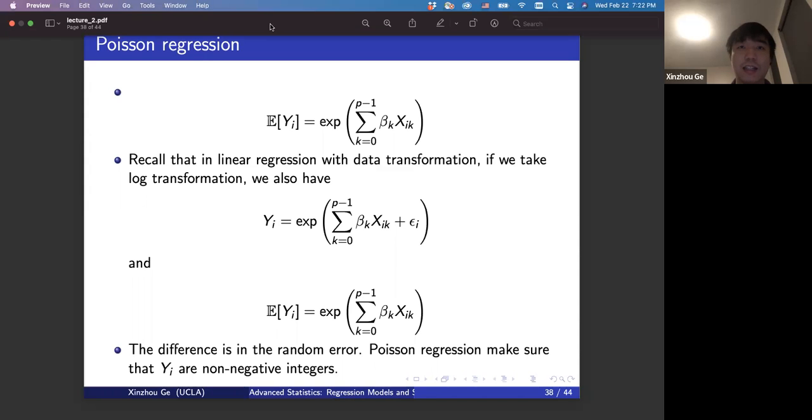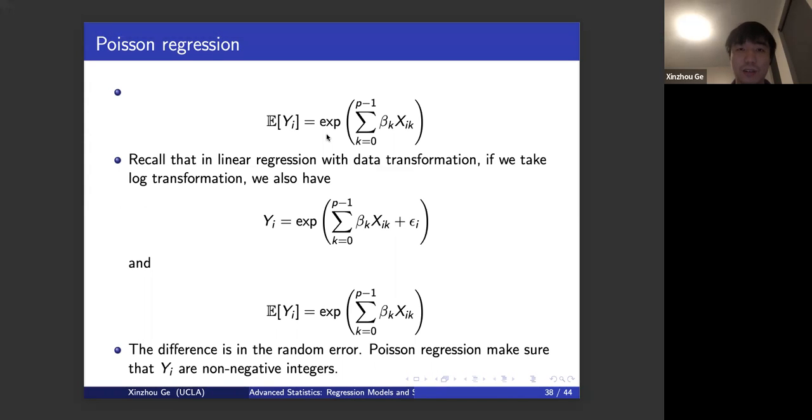I think that may answer the question by Prashansa. She asked me a question about how we can use a linear model to describe an exponential trend.